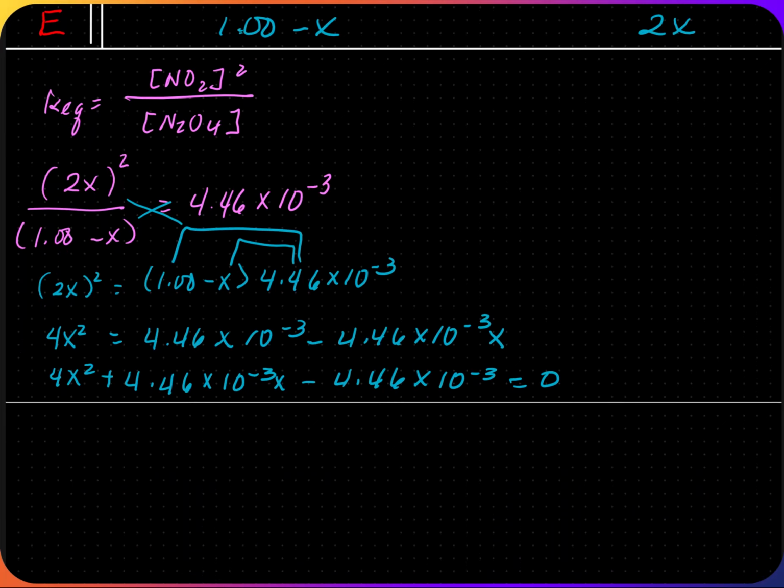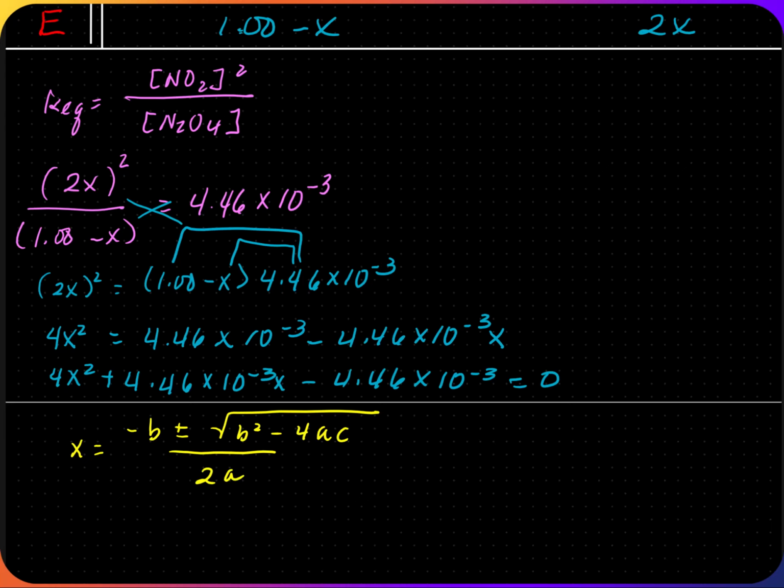So when you plug it into the quadratic equation, remember quadratic is x is equal to negative b plus or minus the square root of b squared minus 4ac, divided by 2a.